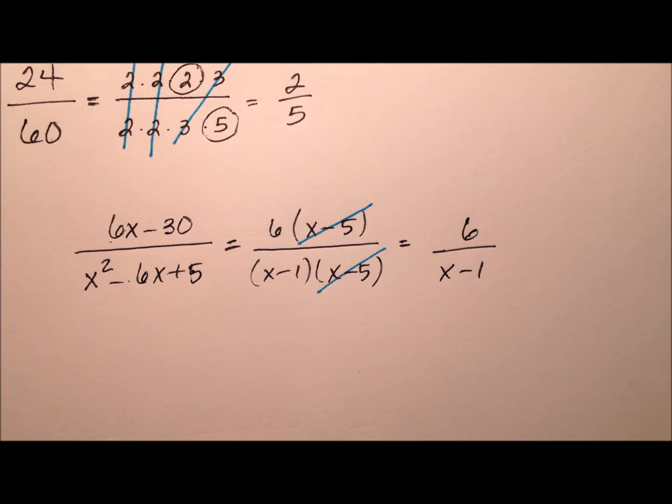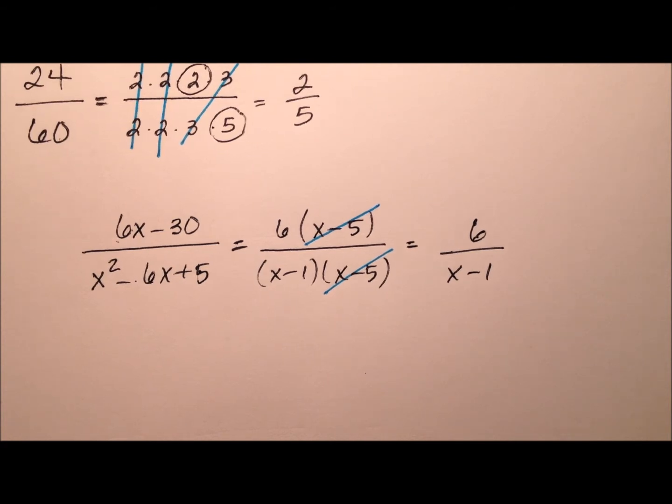But there's one quick conversation we need to have about all this, and it talks about domain. So remember when you're talking about rational functions or rational expressions, you cannot have a 0 in the denominator.